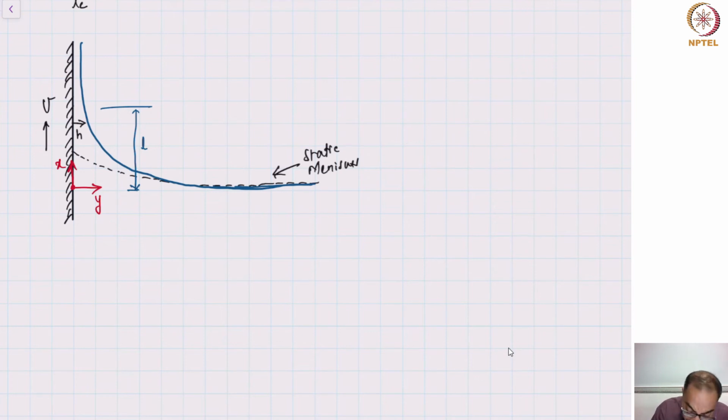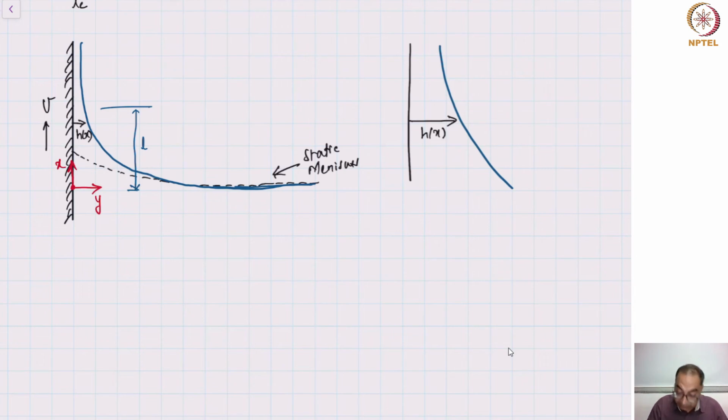So we have the thickness which is a function of x. If I were to magnify the dynamic meniscus, the thickness of the dynamic meniscus we call h of x.